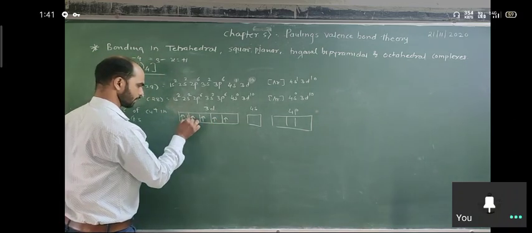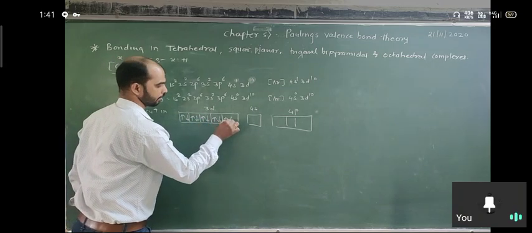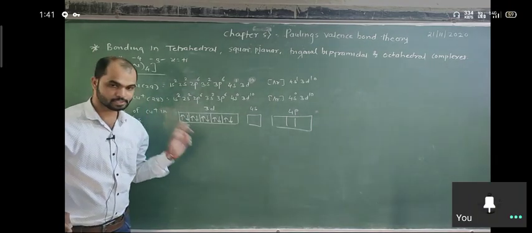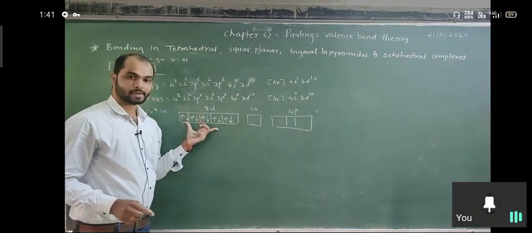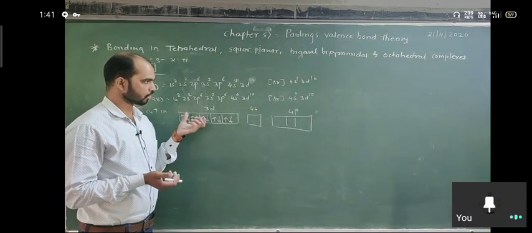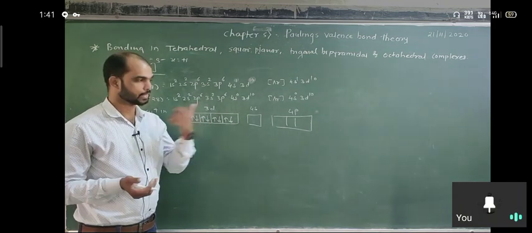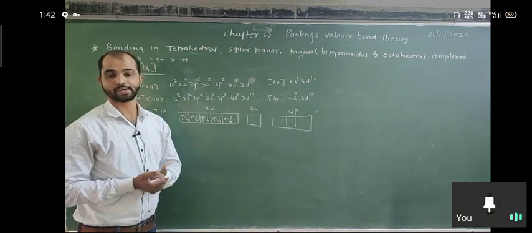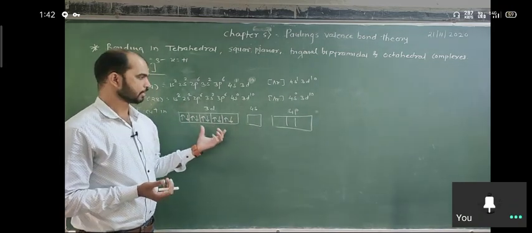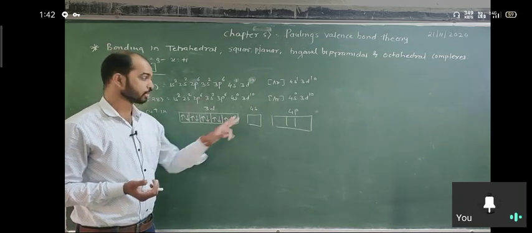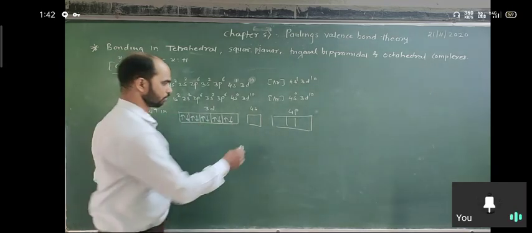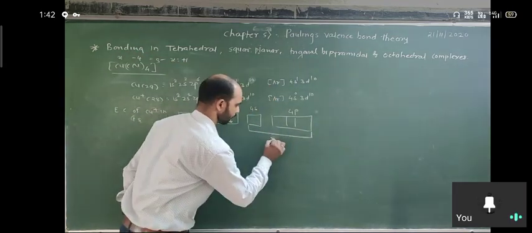All the d orbitals are completely filled, so d orbitals are not available to participate in hybridization. The central ion uses 4s and 4p, not 3d, so it undergoes sp3 hybridization.